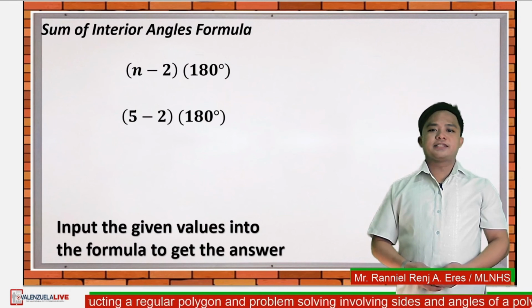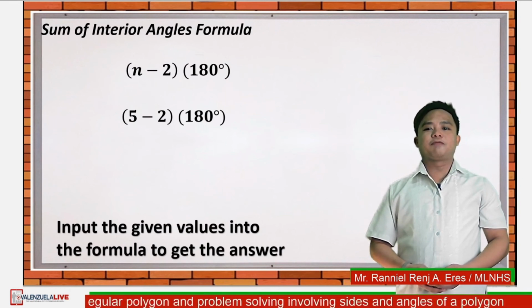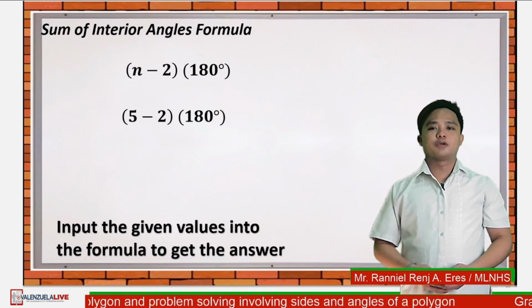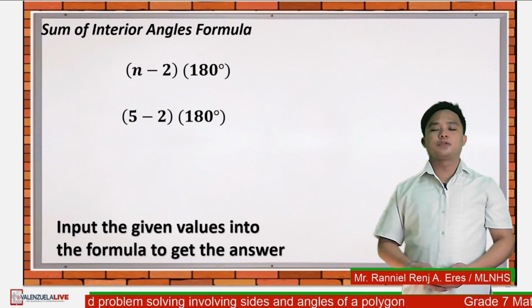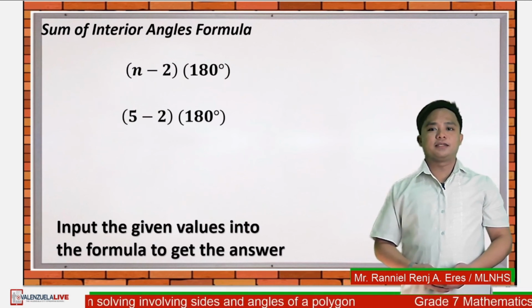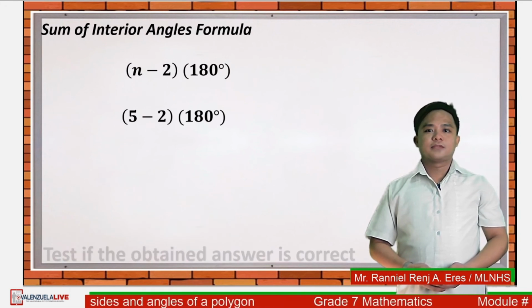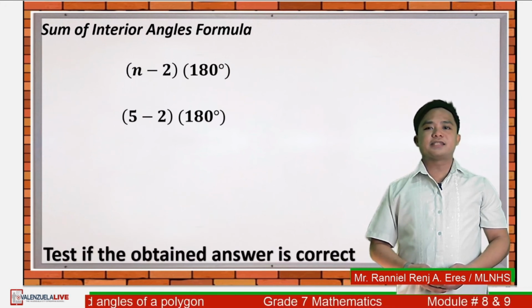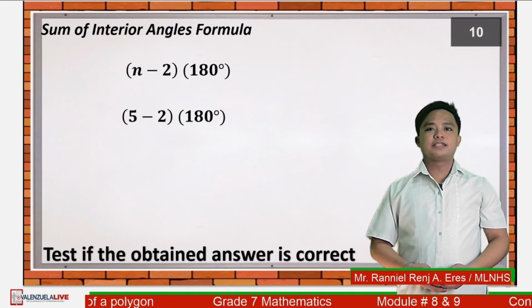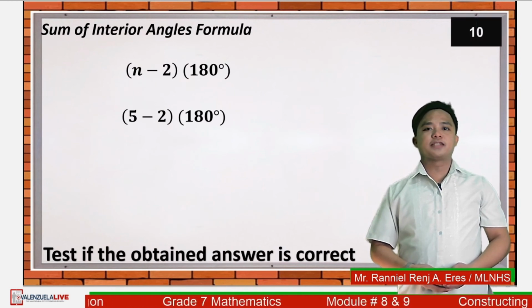Okay, since it is a pentagonal line, we will input 5 as the value of n. So we will have 5 minus 2 times the quantity 180 degrees. And lastly, let us test if the obtained answer is correct. Kindly simplify. I will give you 10 seconds to answer.